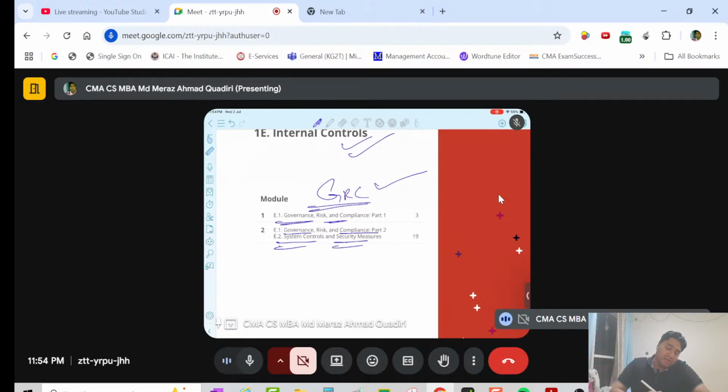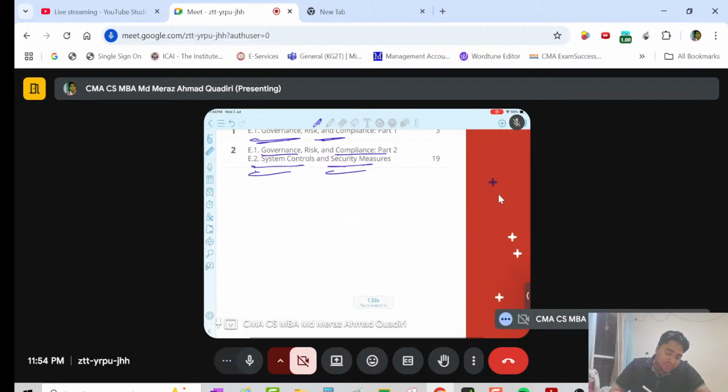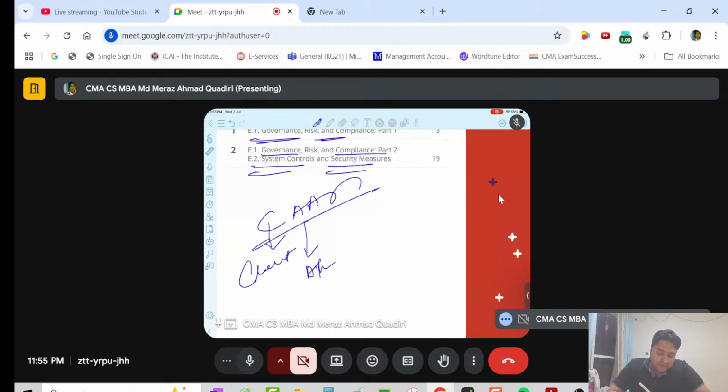Here you will learn the concept of CAAR: creator, authorizer, meaning accounts recorder, then authorization and reconciliation. So one A is for accounts, the other for authorization, and R for reconciliation.